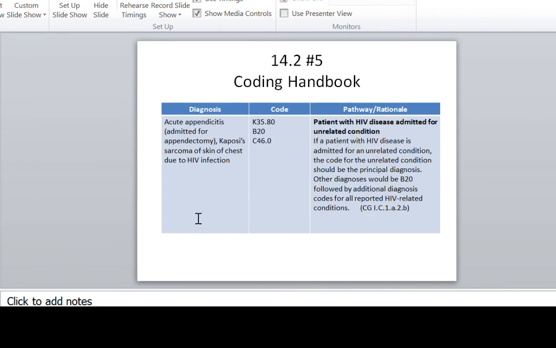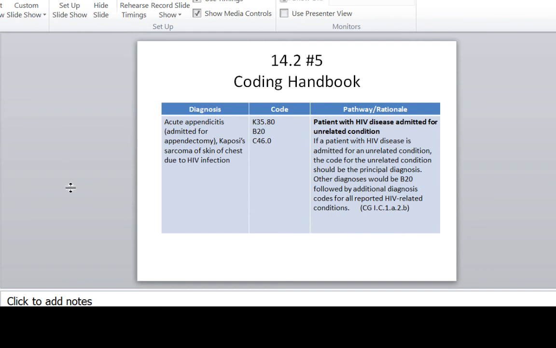And your guideline is for patients with HIV disease admitted for an unrelated condition. It tells us exactly how to sequence that. The code for the unrelated condition is your principal. Then your next diagnosis would be your B20, followed by any additional codes. In this case, the Kaposi sarcoma would be the last code.